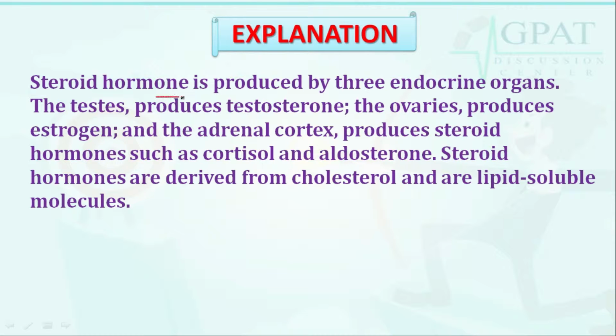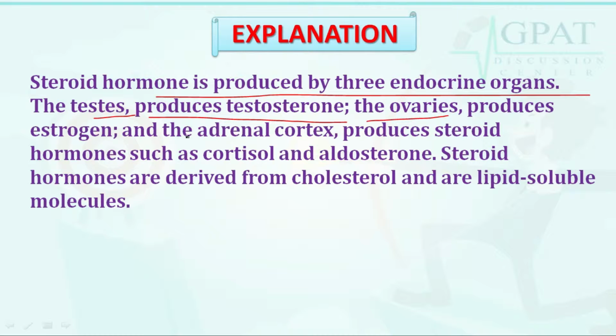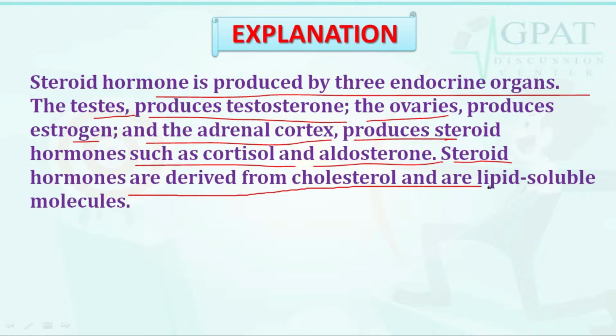Steroid hormones are produced by three endocrine organs. The first is the testis, which produces testosterone; the ovaries produce estrogen; and the adrenal cortex produces steroid hormones such as cortisol and aldosterone. Steroid hormones are derived from cholesterol and are lipid-soluble molecules. So estrogen is a steroid which is produced by the ovaries.